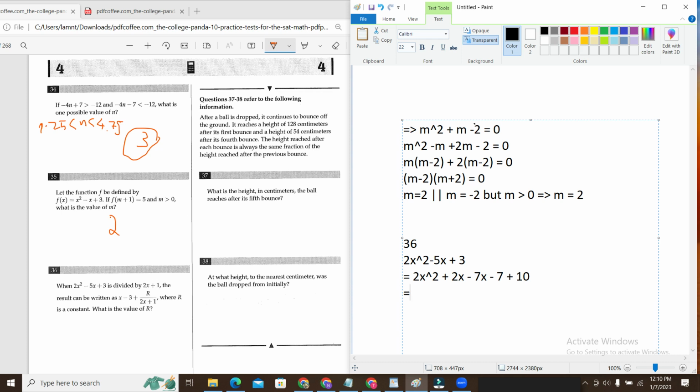So here we can group it like this: 2x squared plus 2x, and then I get this term, minus 7x minus 7 and plus 10. So 2x outside, x plus 1, so minus 7, x plus 1 again, and plus 10. Actually, I want to factor out 2x plus 1.